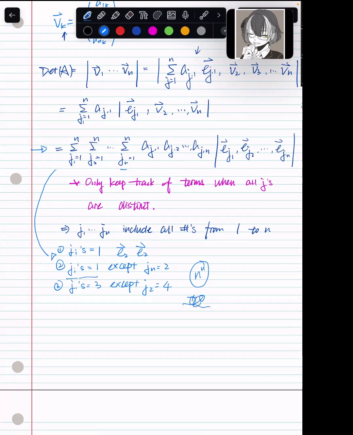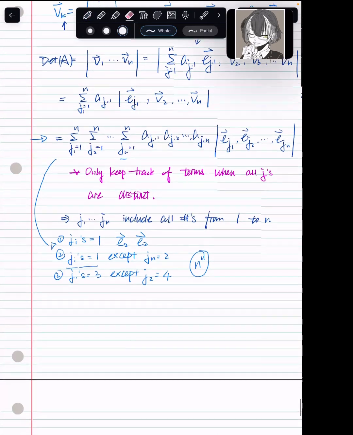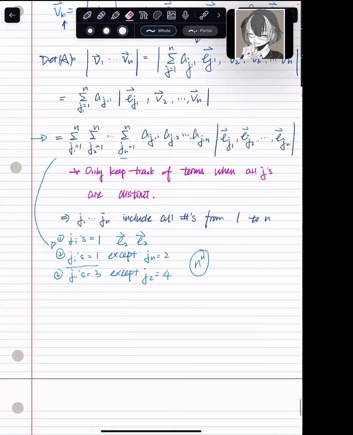So after this observation, if we actually want to add something, we want at least J1 through Jn to be distinct. That means they cover the whole 1 through n.